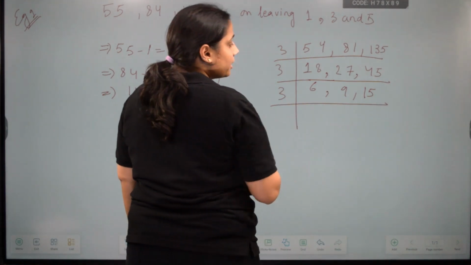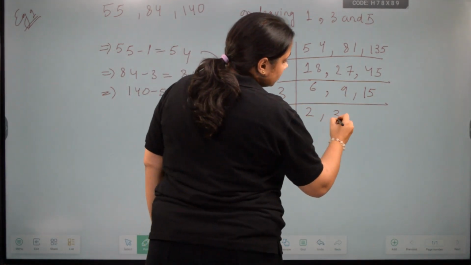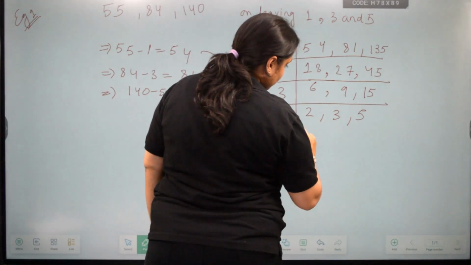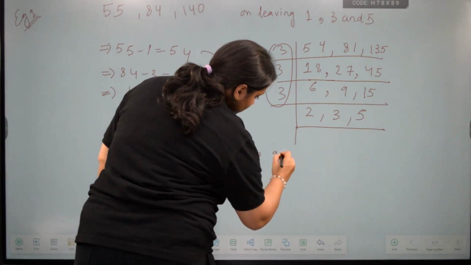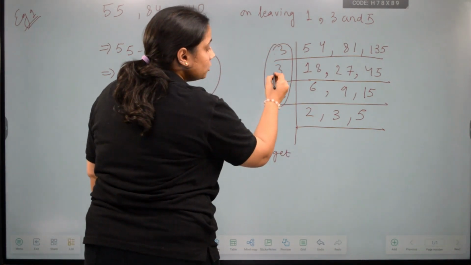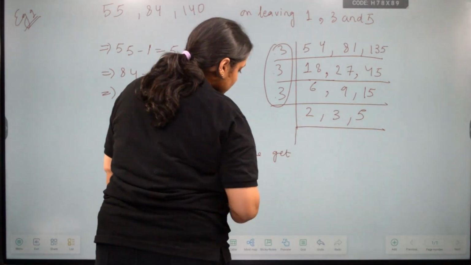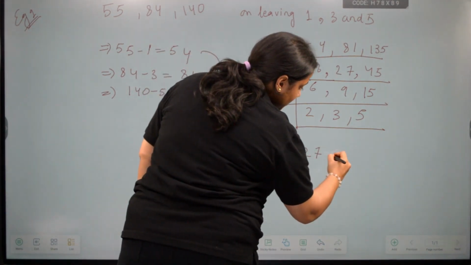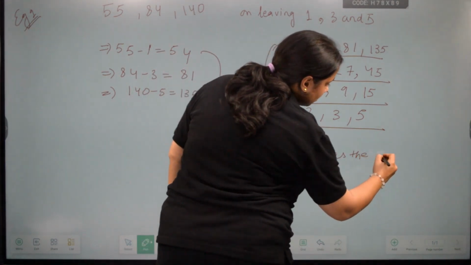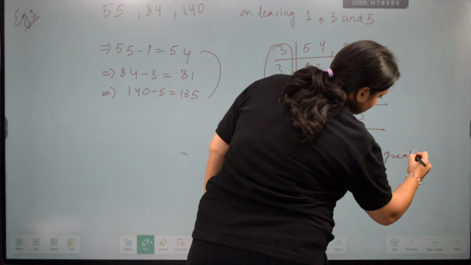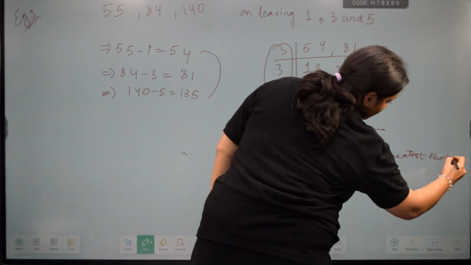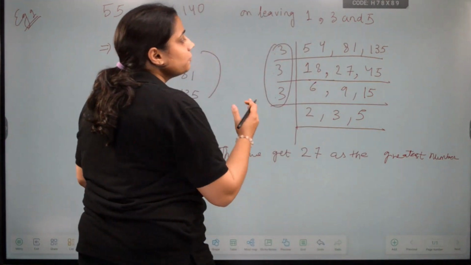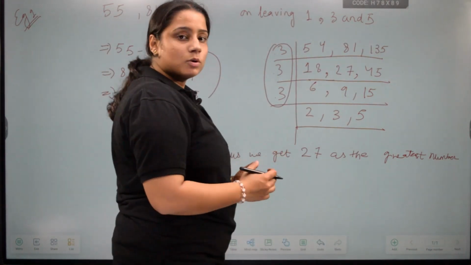Now dividing by 3 again, we'll get 2, 3 and 5. Thus, we get 3 into 3 into 3 is 27. Thus, we get 27 as the greatest number that divides 54, 81 and 135.